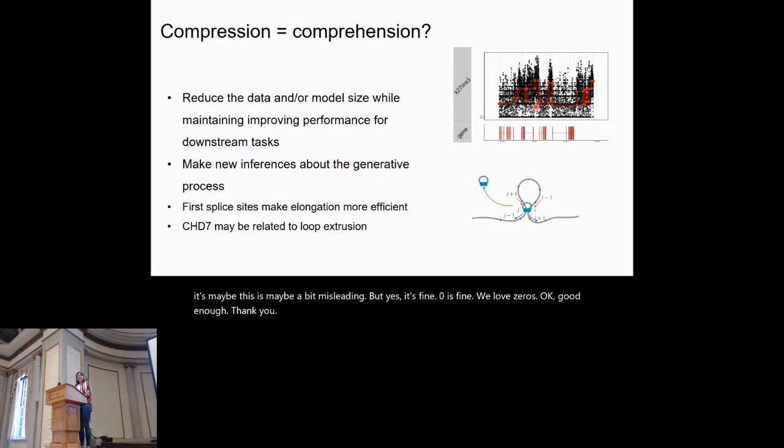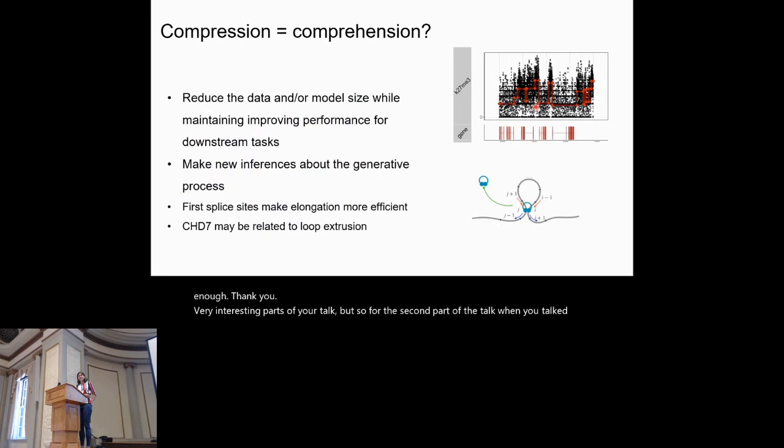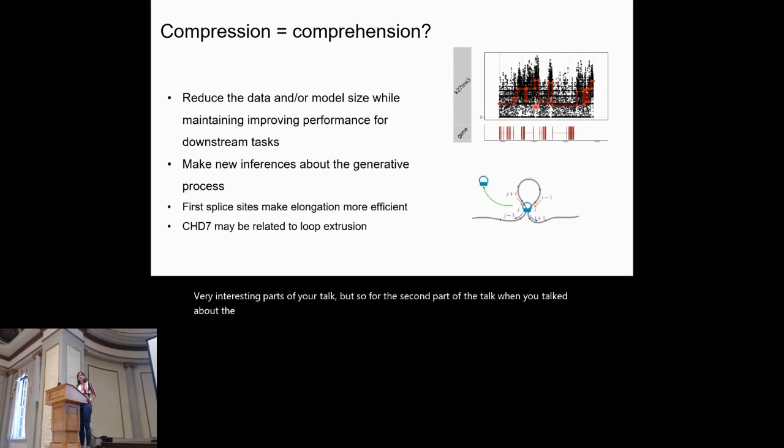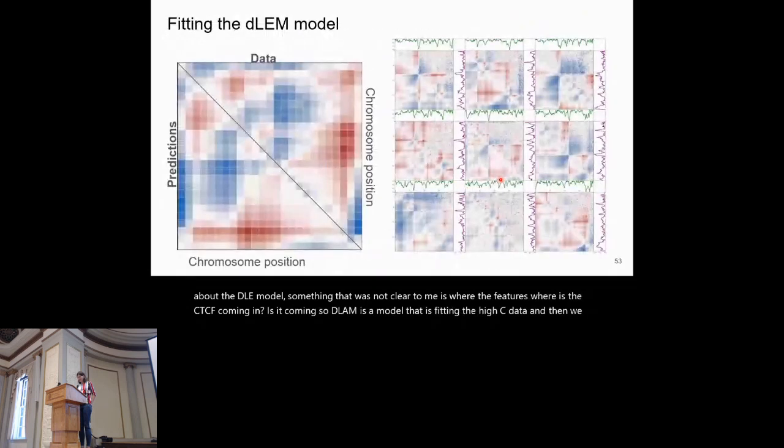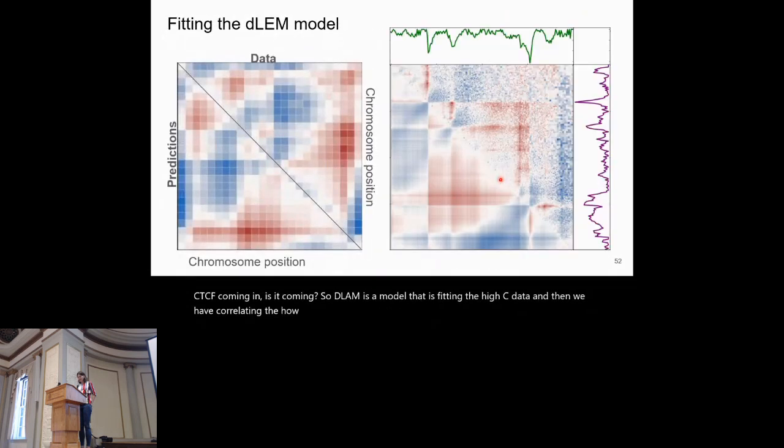Very interesting parts of your talk, but for the second part where you talked about the DLEM model, something that was not clear to me is where is the CTCF coming in? DLEM is a model that is fitting the Hi-C data, and then you're correlating. How are you bringing the CTCF in, by correlation?